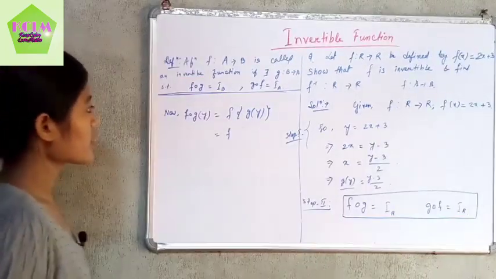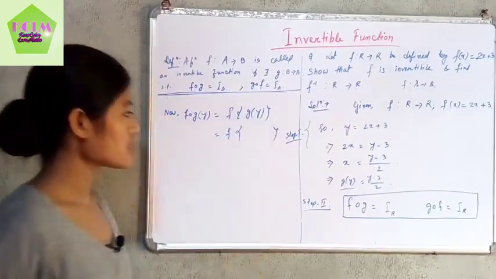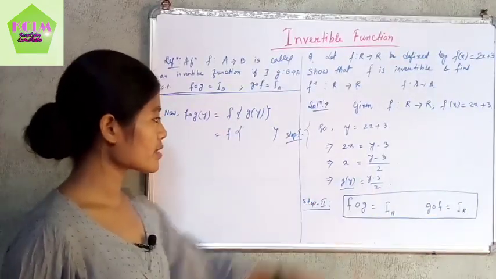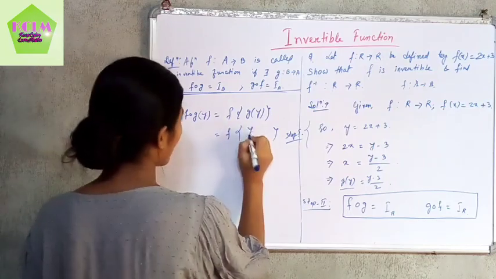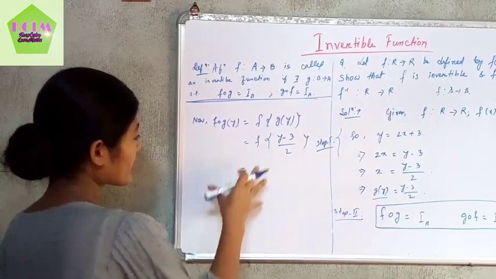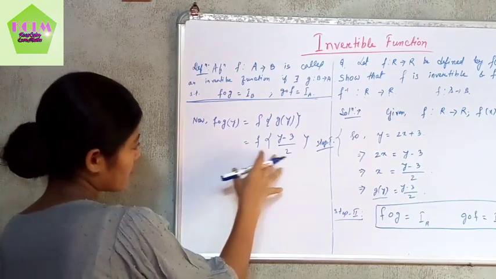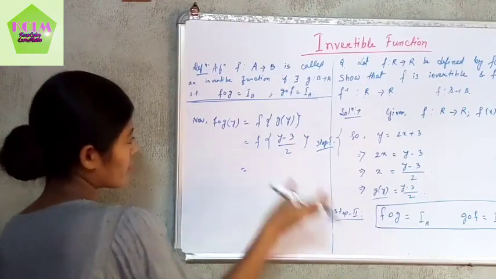And z of y equals what? Since z of y equals (y minus 3) by 2, I put it here: f of (y minus 3) by 2. Again, the function f is also defined in the question. So f of (y minus 3) by 2 will be what?